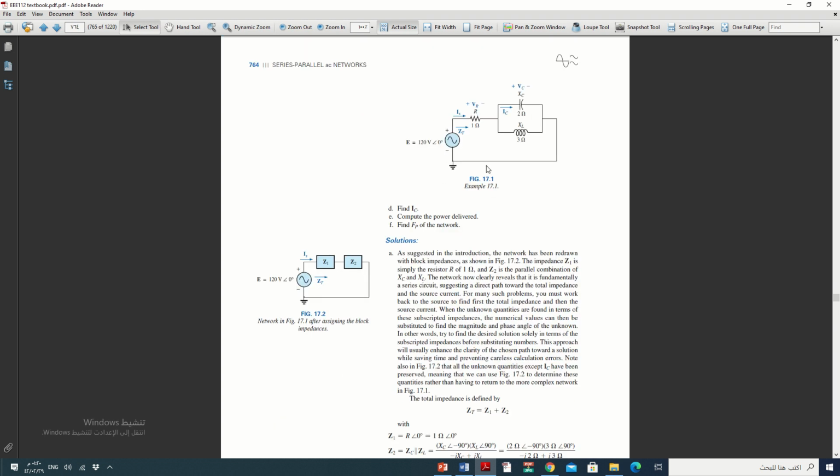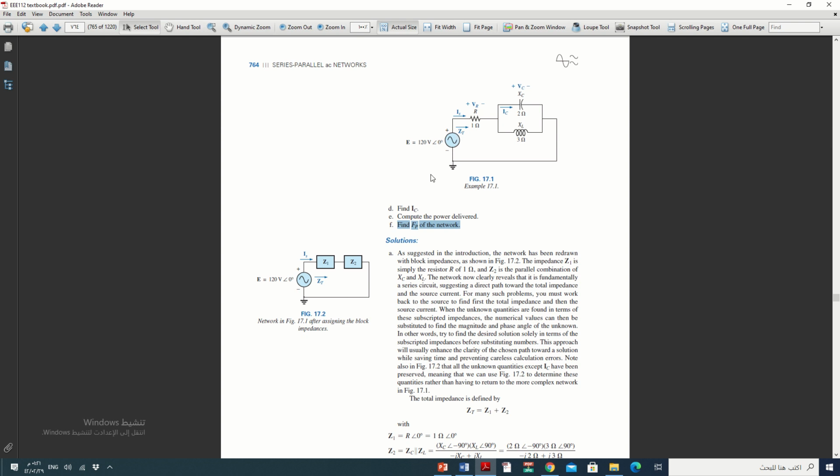This is circuit 17.1, and as required, we need Z total, IS, and VR and VC. Also it's required to find IC here. After that, compute the power delivered and find the power factor for the network. Okay.